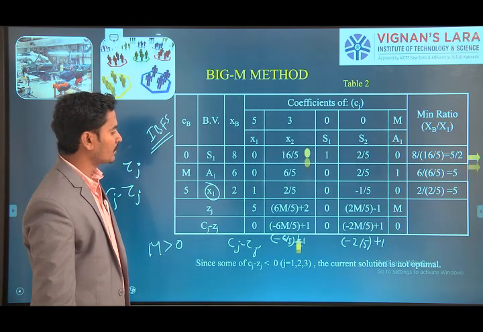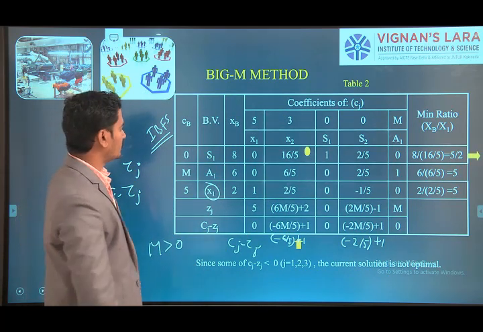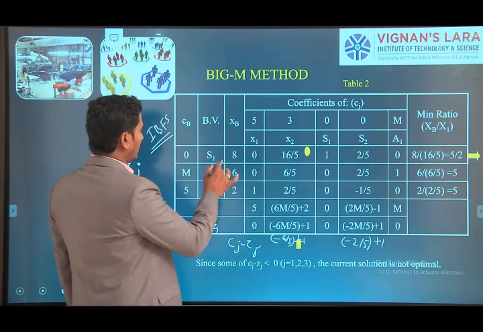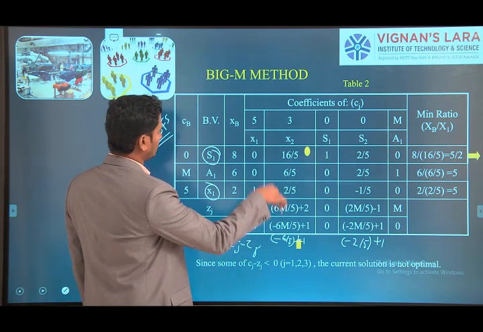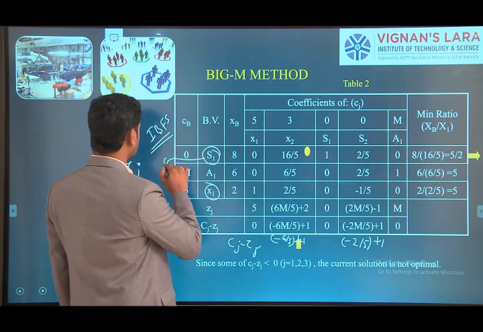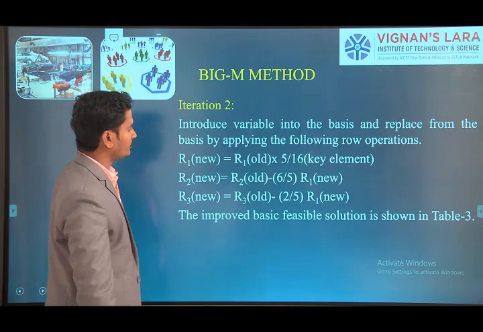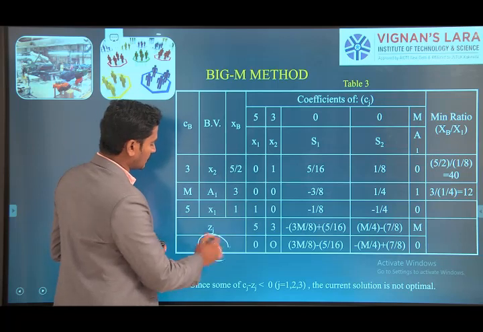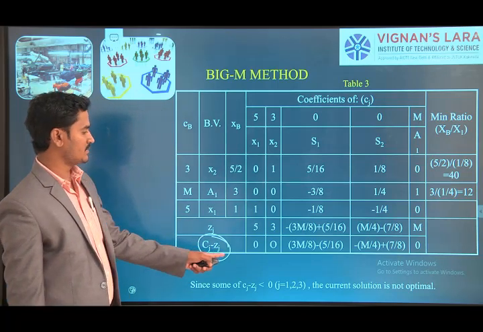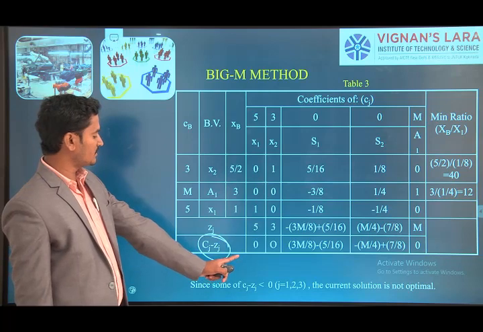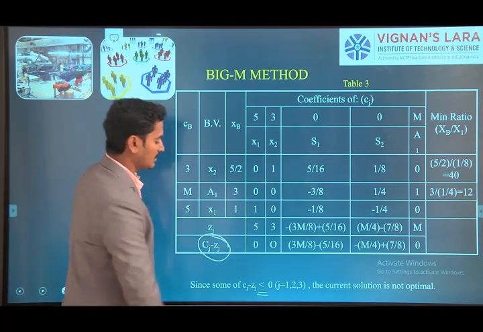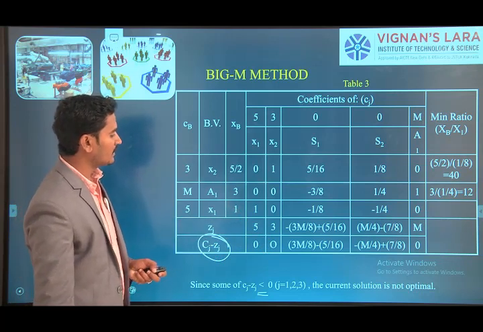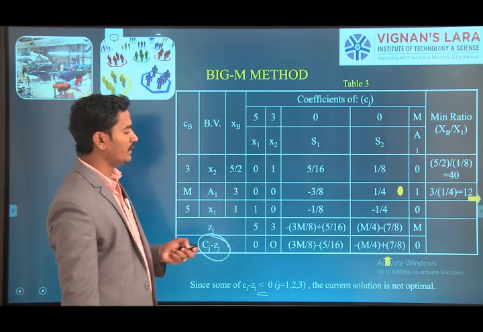Again, we are going to find the key column, key row and key element. Coming to this second table, S1 is replaced by x2. Again we calculate Zj and Cj minus Zj. After calculating, it is again less than 0, so the current solution is not optimal. Again we find the key column, key row and key element.